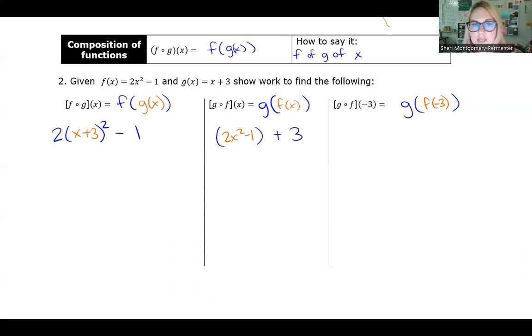The g function is 2x squared minus 1. And then inside of it, I'm going to write f of -3. So this will be -3 plus 3.